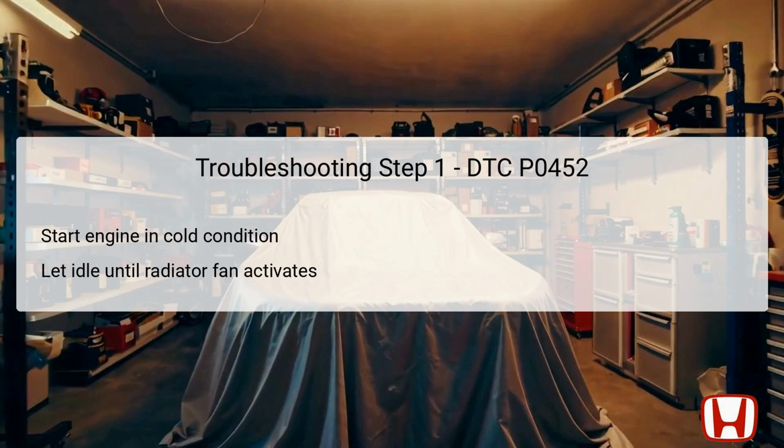This process allows the temperature to rise to a point that the engine requires cooling, which is important for obtaining stable readings from the FTP sensor. This step sets the proper conditions for diagnosing the fault. If the conditions aren't right, subsequent readings could lead to misleading conclusions or unnecessary repairs.